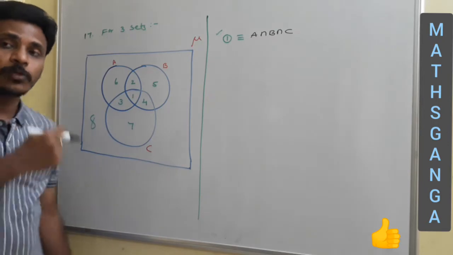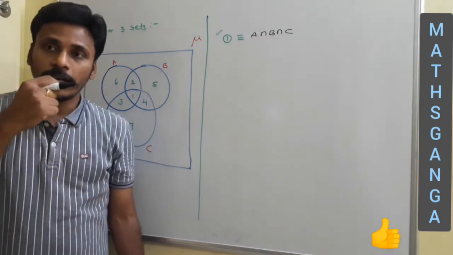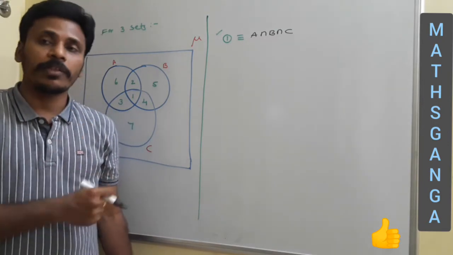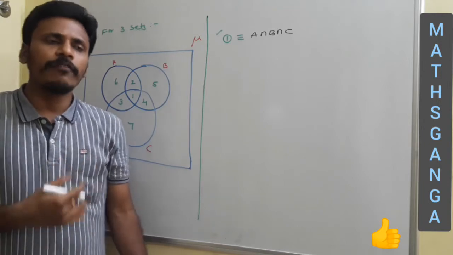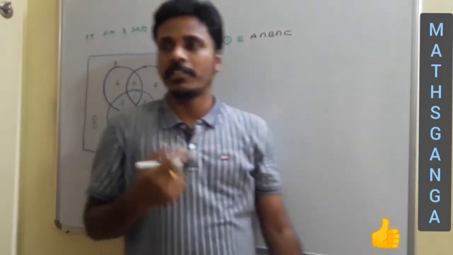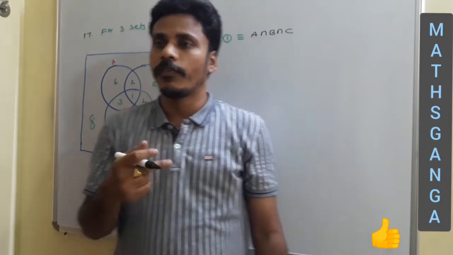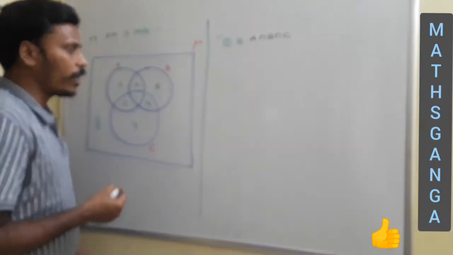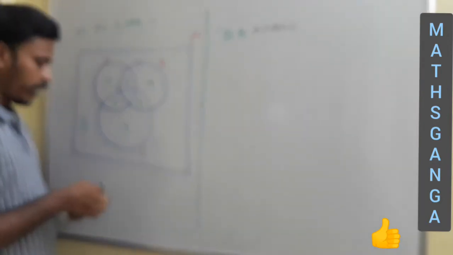Every region has one particular representation or name from the sets A, B, C, and every combination of the names A, B, C with the operations will give us different regions. So region 1 is A intersection B intersection C.